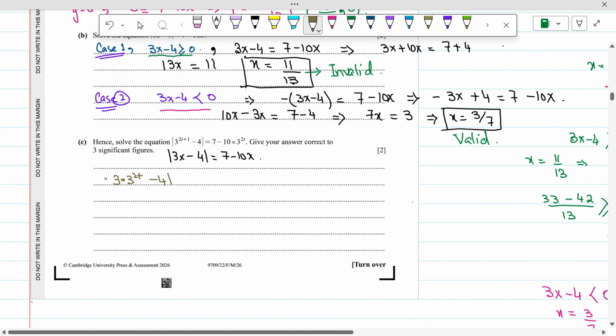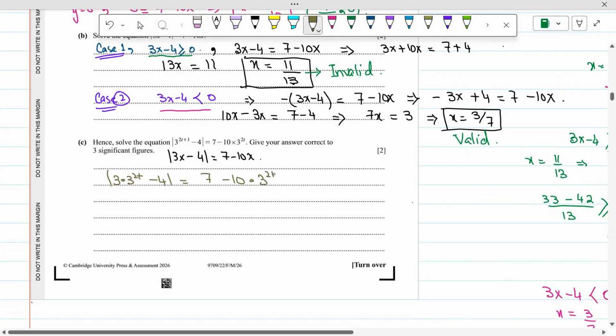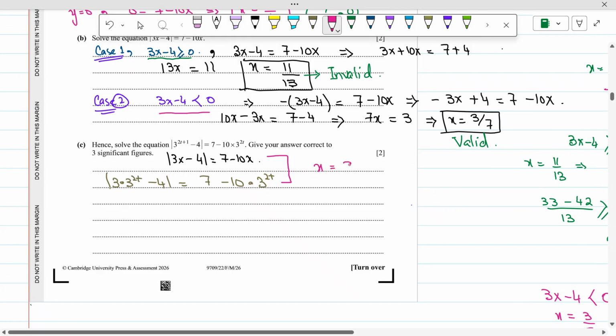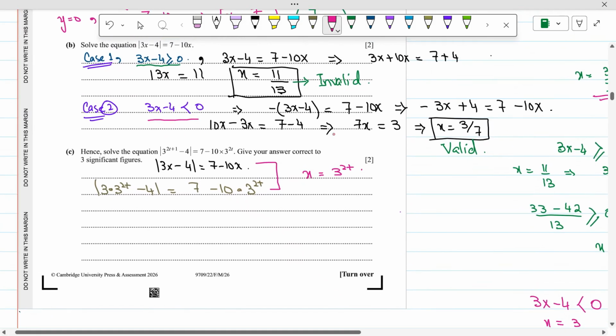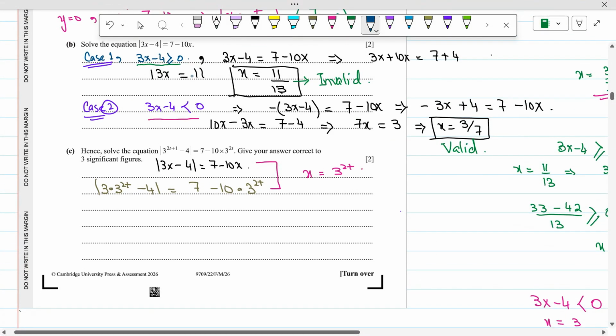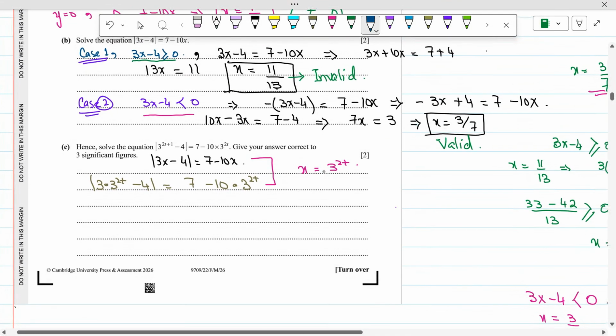So by comparing these two equations, we can say that x is equal to 3 to the power of 2t. And we just calculated the value of x by solving part B, that x is equal to 3 over 7.